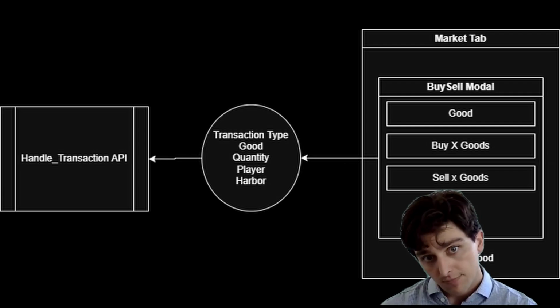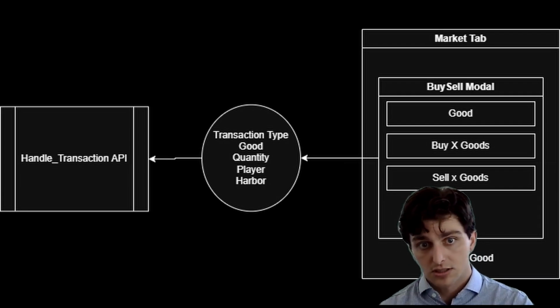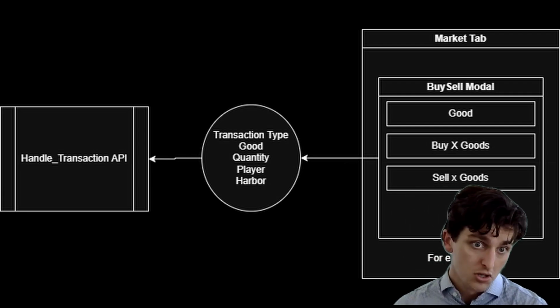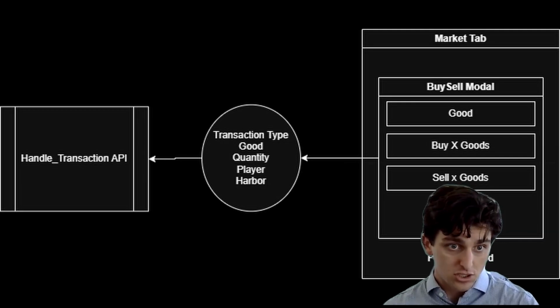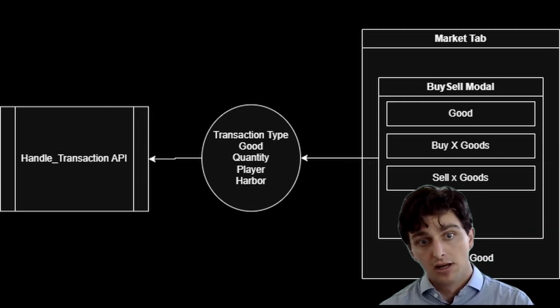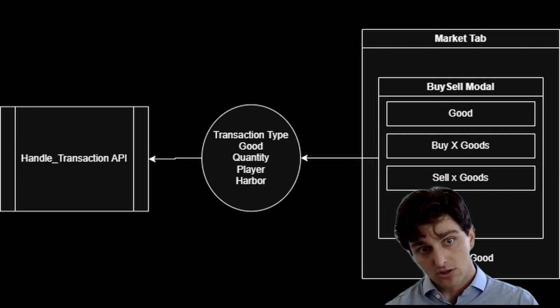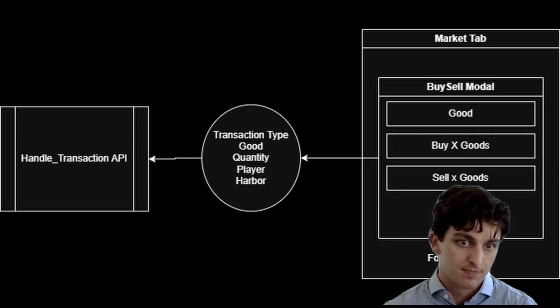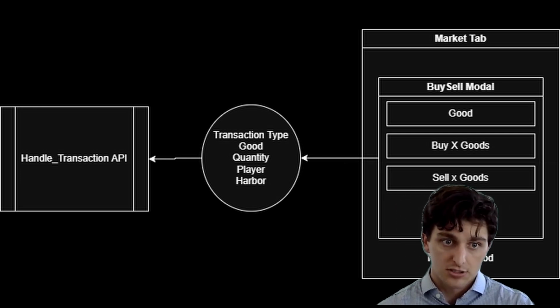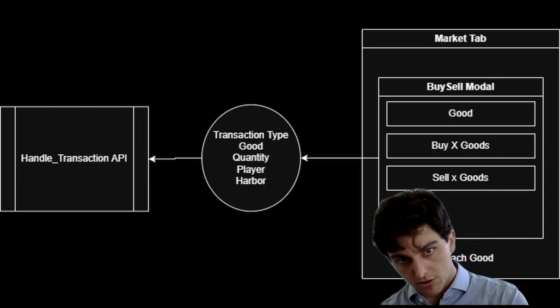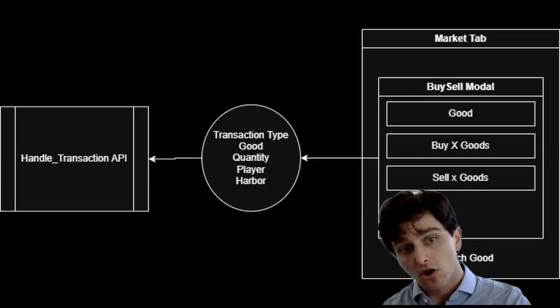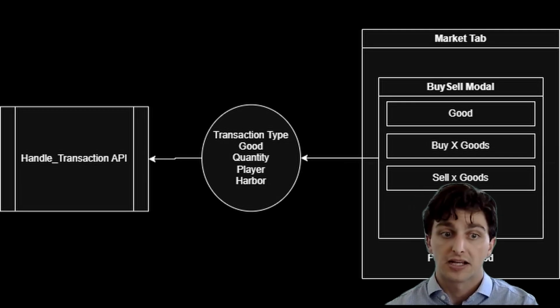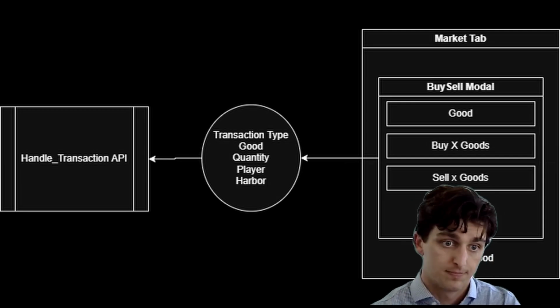When you click the button, the component checks what good it is assigned to, what quantity and transaction type it was associated with that button, and then populates those fields of the JSON to send to the API. When a successful response is received, refresh player is called, and all the quantities within the harbor modal are updated to reflect a successful transaction.